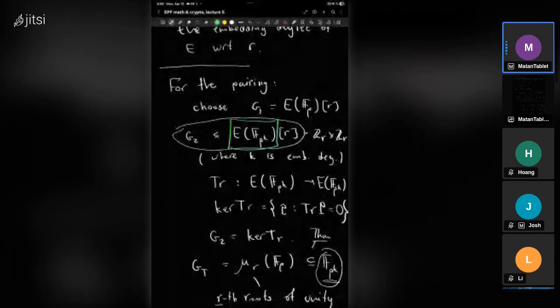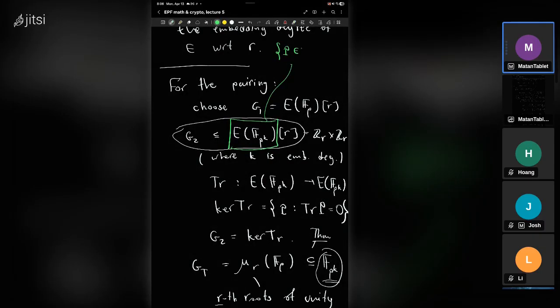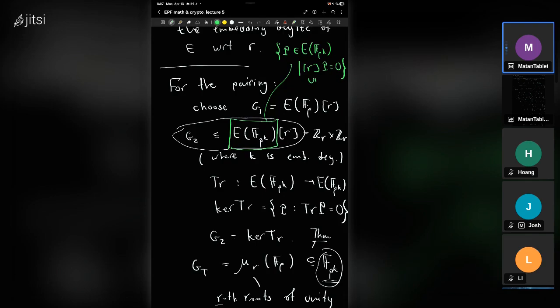Okay, and then you can take the torsion points. The torsion points of this group is the collection of all P in E(F_p^k) such that rP is equal to O. And this is potentially bigger than the collection of all points in E(F_p) such that rP is 0.